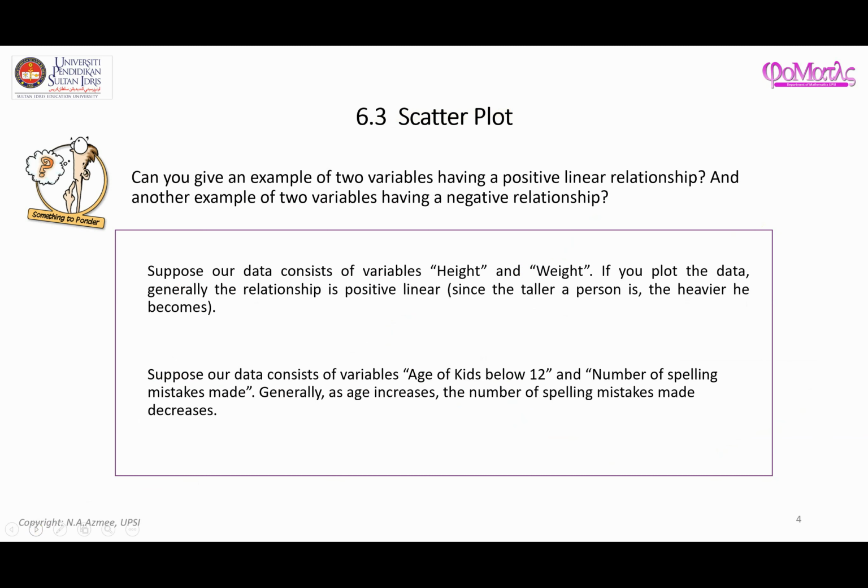Here is a simple question: give an example of two variables having a positive linear relationship. A positive linear relationship means the movement of data in this direction. For example, height and weight.